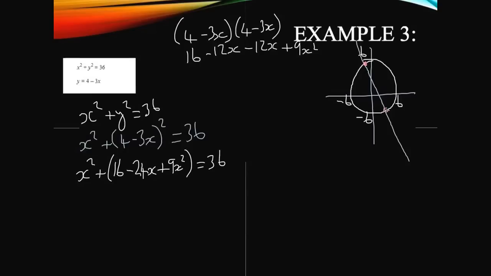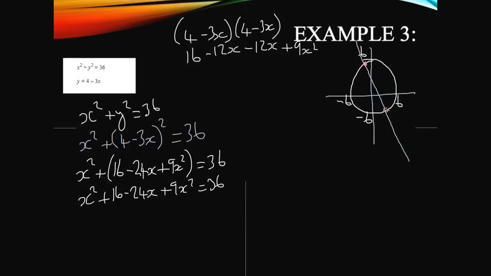Right, collect all my like terms together then. The reason I put them in brackets again, if this was a minus sign, it affects the things in the brackets. It turns out to be plus, so we don't need to worry about it too much. So what we've got is x squared plus 16 minus 24x plus 9x squared equals 36.